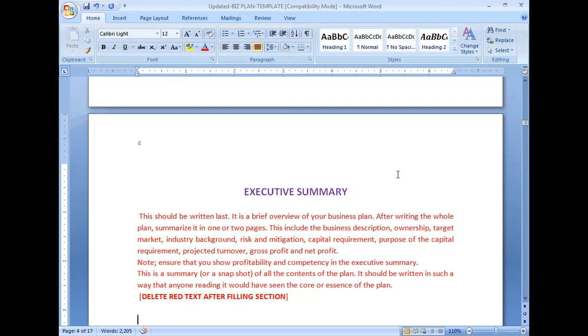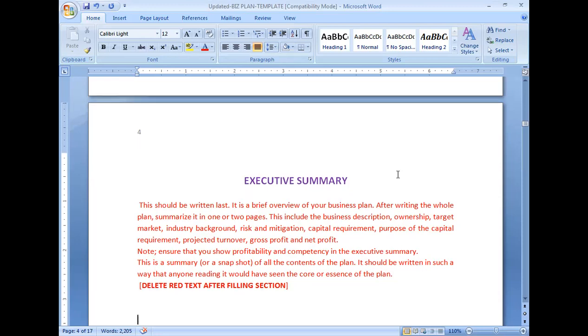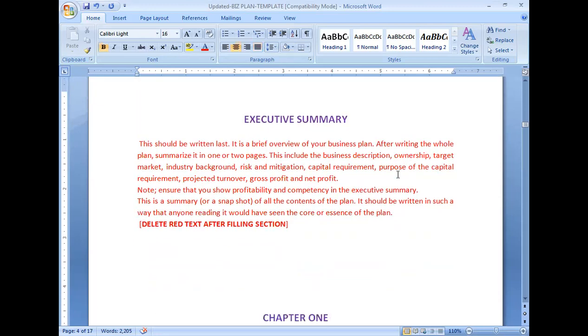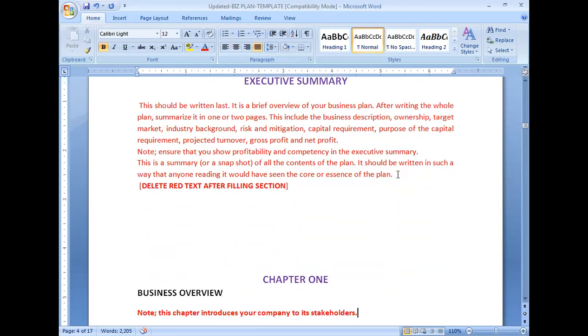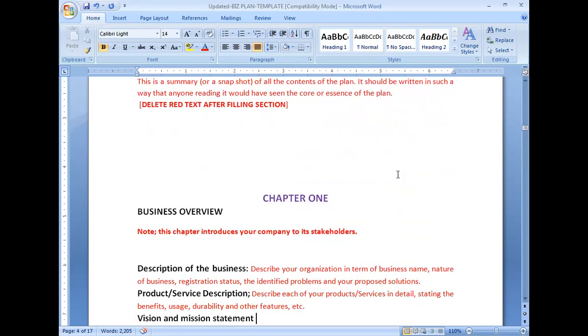Please ensure that your executive summary is very convincing and communicates compelling value that will arouse the interest of whoever is reviewing your business plan to delve deep into the other pages of your business plan. So the executive summary should be written last. Having said that, we'll come to chapter 1.